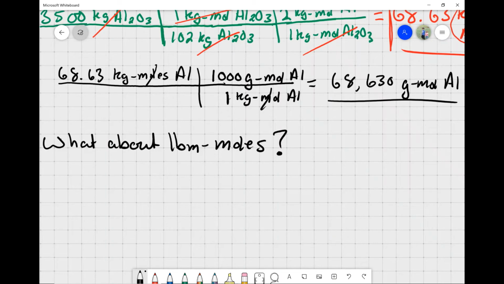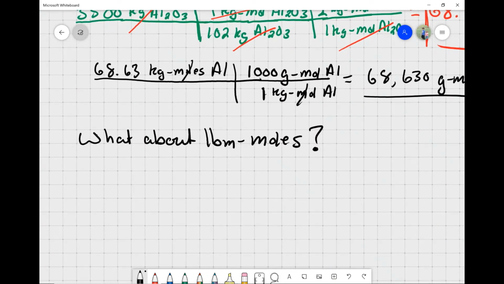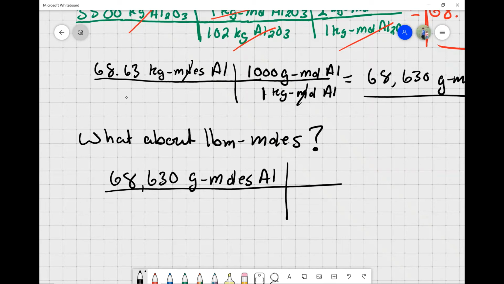So we have 68,630 grams of aluminum, and we want to get to pound moles of aluminum.